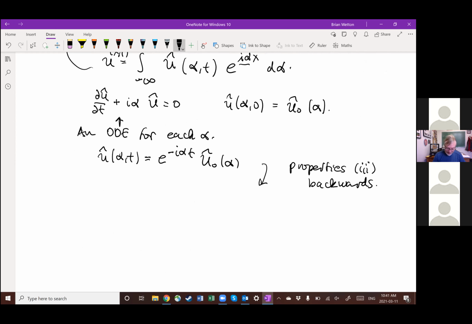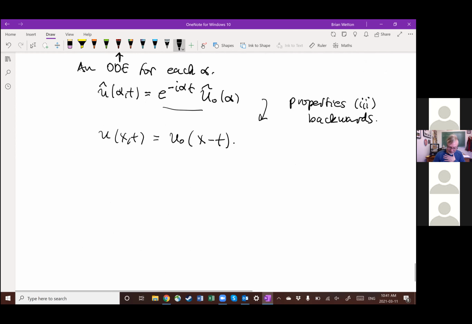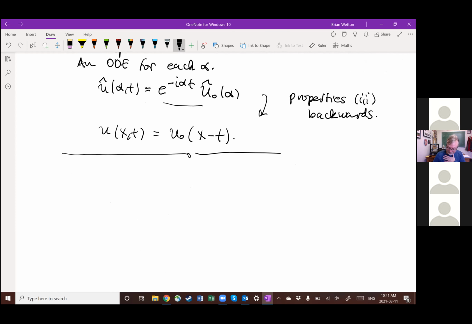And I'm going to see that for this behavior, this is just a translated version of the initial conditions. Okay, well, we knew that was coming, because we'd looked at this before, but that's kind of interesting.